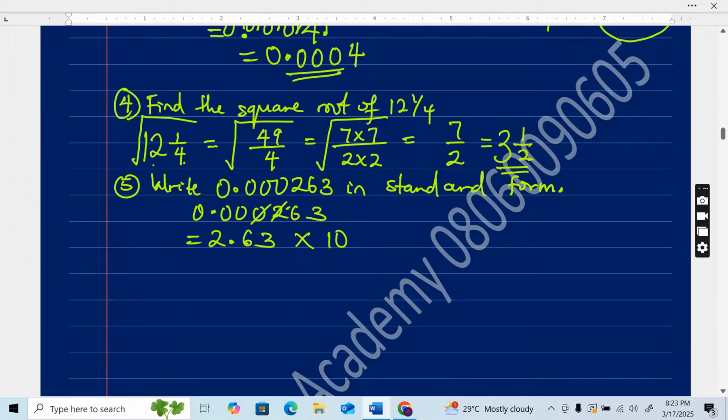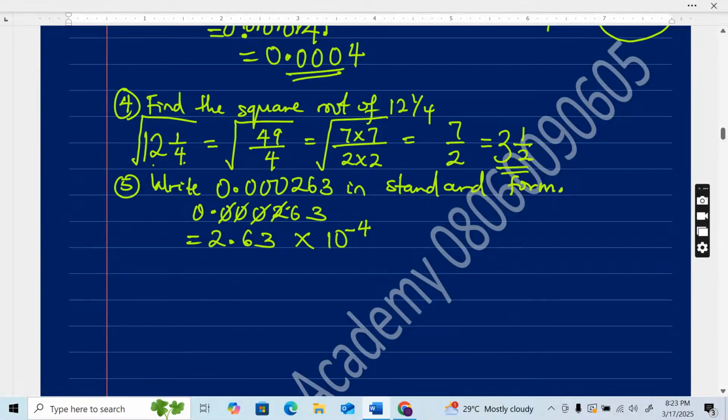1, 2, 3, 4. All right. So because this number is a decimal number, it will be 10 raised to power minus 4. I hope you understand how I got my 4. I counted to the left side the number of digits from the digit 2 back to the decimal point.